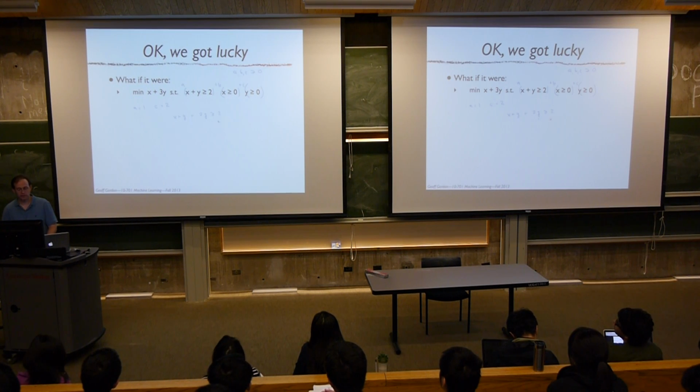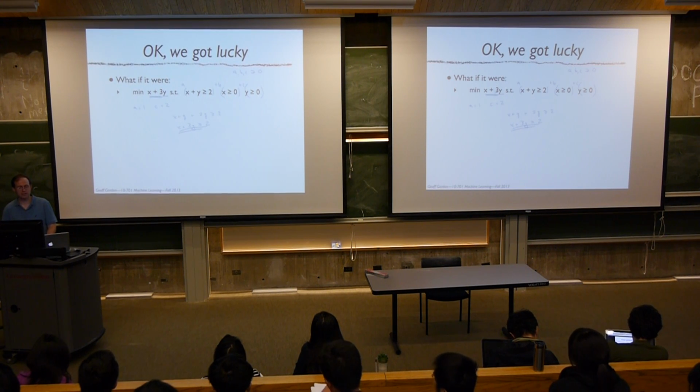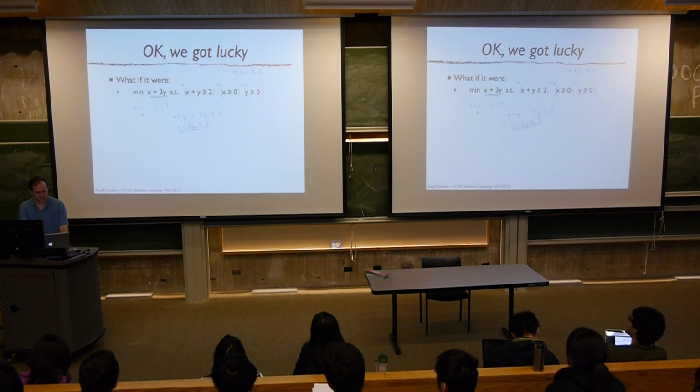So here we now have x plus 3y is greater than or equal to 2. And voila, we found a constraint that gives us a lower bound on the objective. That's a pretty cool trick.